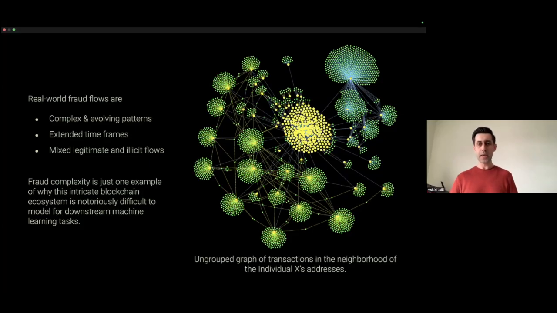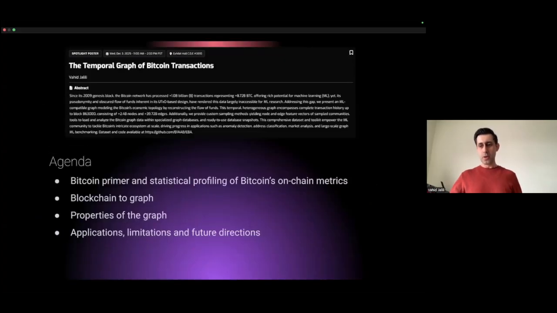And it is very important to correctly and efficiently model this kind of graphs and develop machine learning models on top of them. So the paper I presented at NeurIPS basically aims to bridge this gap between the data that you have and how efficiently you can use that in machine learning models.